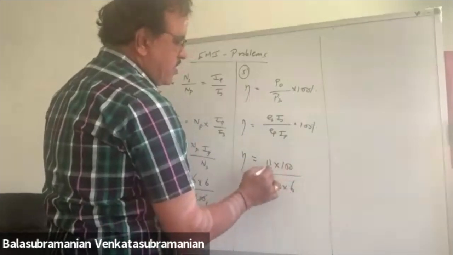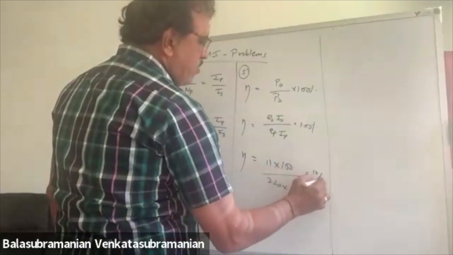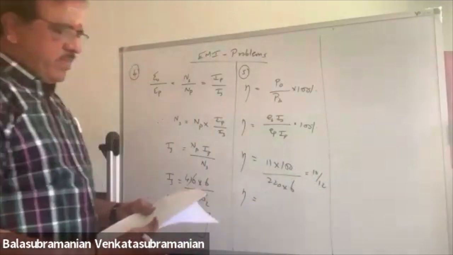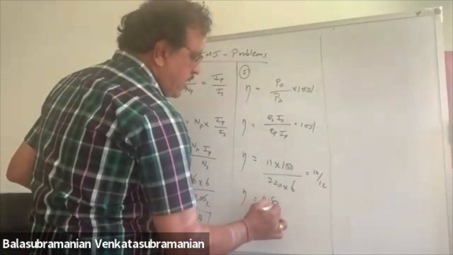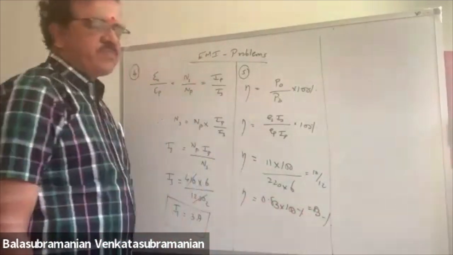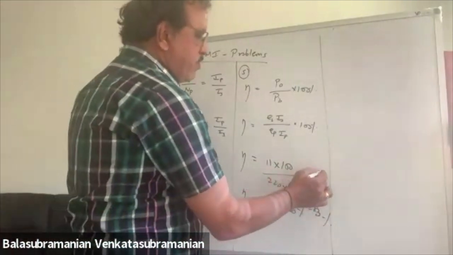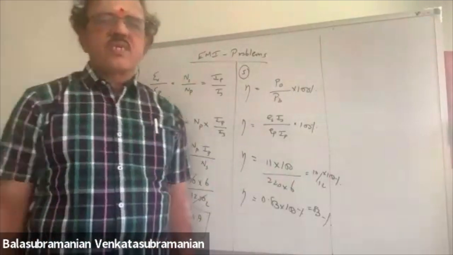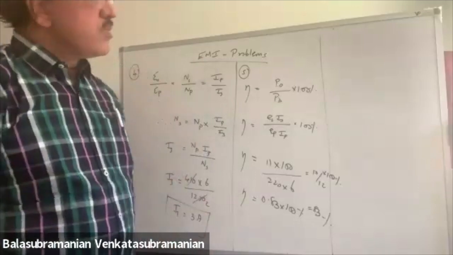The zeros cancel, 11 and 22 means 2 times, so 10 by 12, which means 5 by 6. 5 by 6 is 0.83 into 100%, that is 83%. Efficiency is 83%. So everywhere you have to multiply by 100. Correct? So this is the efficiency of a transformer. Okay.